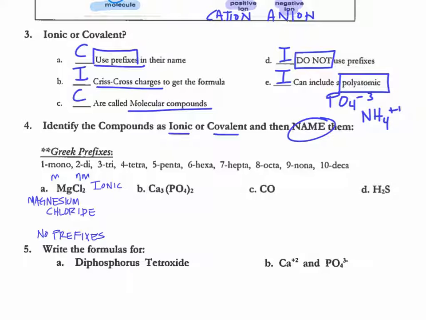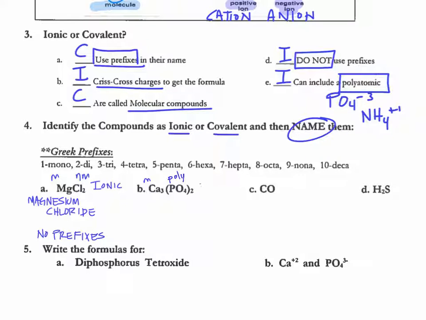Okay. My next one is between, I've got Ca3 and PO4 2. Okay, so let's break it down here. What is Ca? Calcium. Calcium is a metal. What is PO4? Well, yes, it's a phosphorus and 4 oxygens, but as a group, as a unit, it is a polyatomic ion.